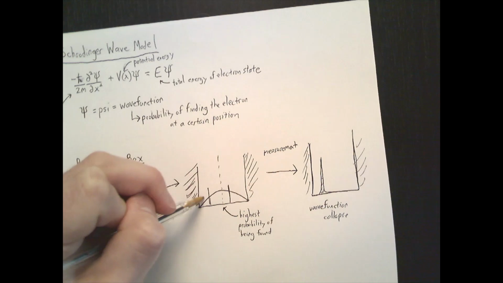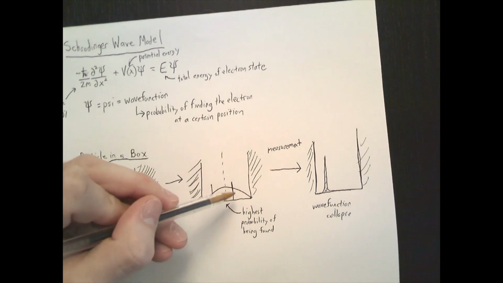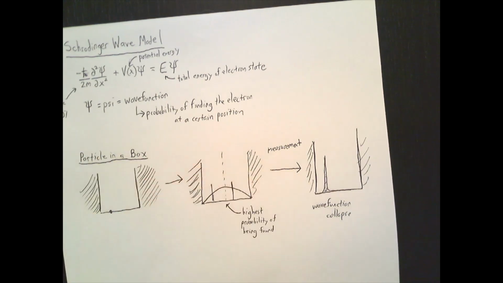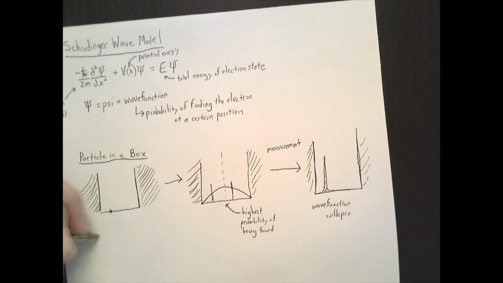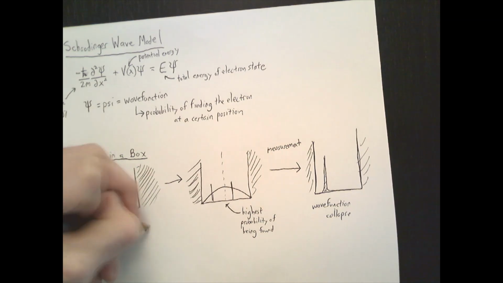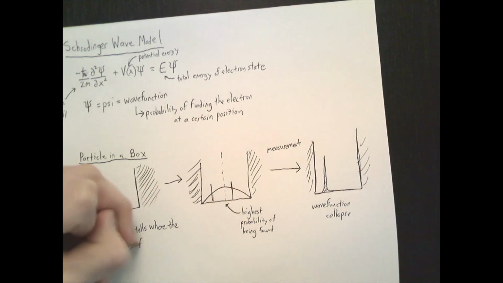That's the highest chance, but probabilistically speaking, we might find it fewer times at a region further away from that highest peak. So the wave function tells where the greatest chance of finding the particle is.